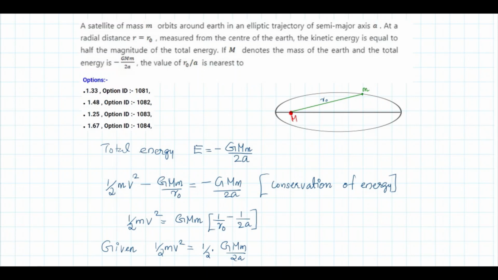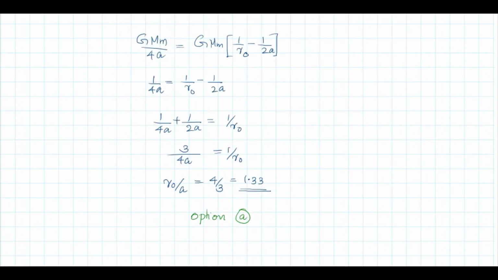Therefore, half mv square equals, taking this to the left and right hand side, GMm into 1 by Rho minus 1 by 2a. But it is given kinetic energy is half of total energy. Half mv square equals half of GMm by 2a. Substituting here, you will get GMm by 4a equal to GMm into 1 by Rho minus 1 by 2a.